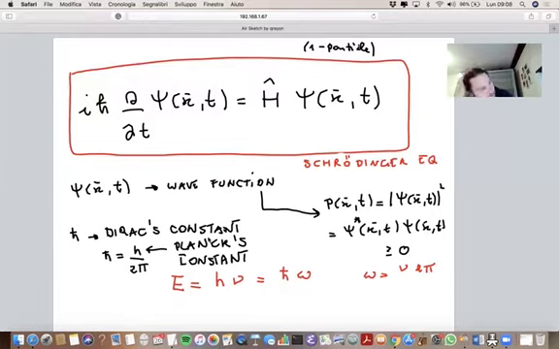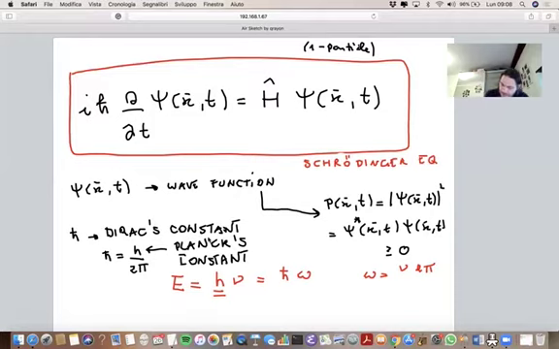So one thing that should be immediately noticed here is that this constant h is a fundamental constant of nature, because it tells us essentially how large quantum effects are.